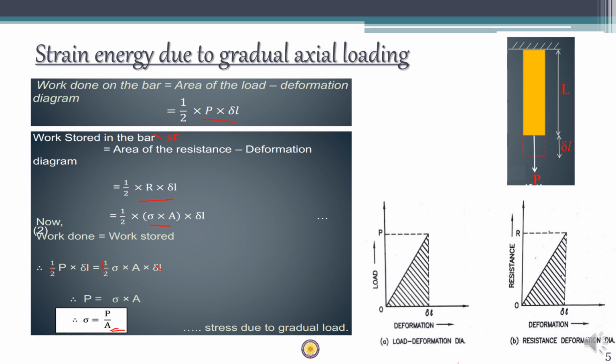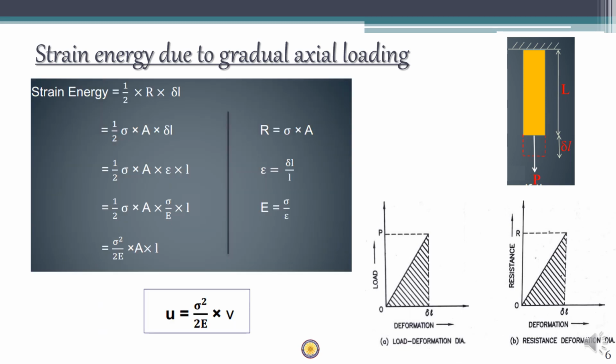Okay, now we already have what is strain energy, right? It is area under the resistance deformation curve. So strain energy is equal to half into R into delta L, right? R can be rewritten as sigma multiplied by A, and instead of delta L, we can say what is delta L?